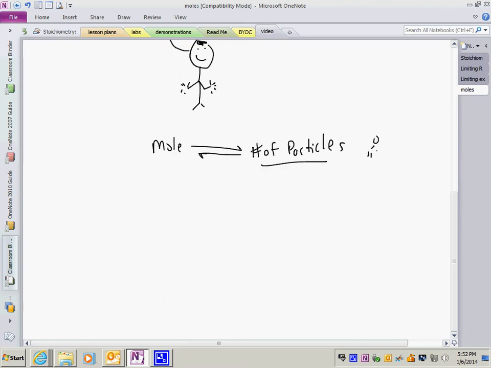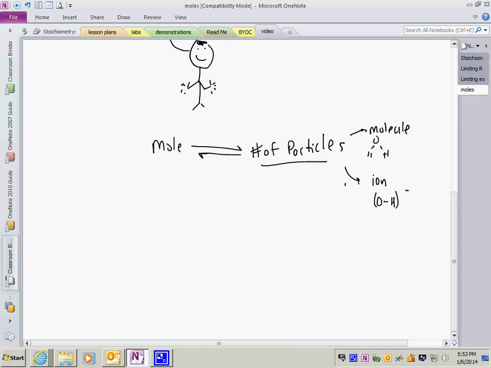Now, when we're dealing with numbers of particles, we're dealing with, let's say, something like this, a water molecule. In this case, this is called a molecule. So numbers of molecules is one thing that we might have. We could have some ions. They might call it an ion. This actually would be called a hydroxide ion, an anion per se.